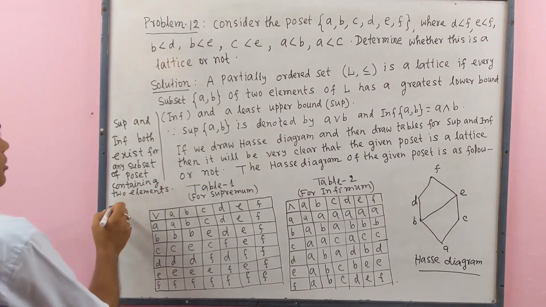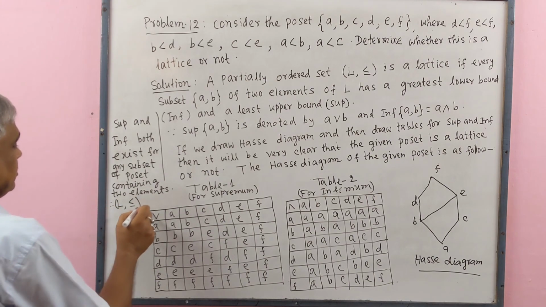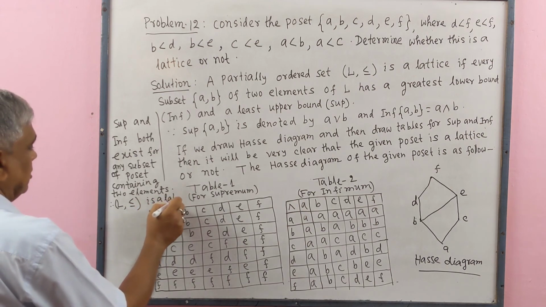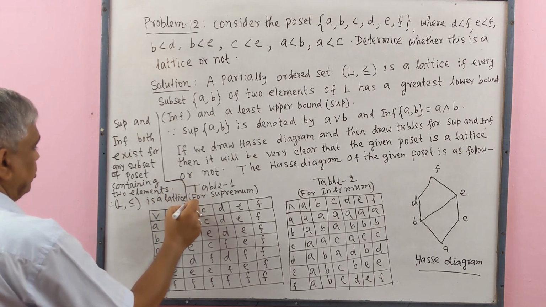Therefore, L, a partially ordered set with partial order relation, is a lattice. Proved.